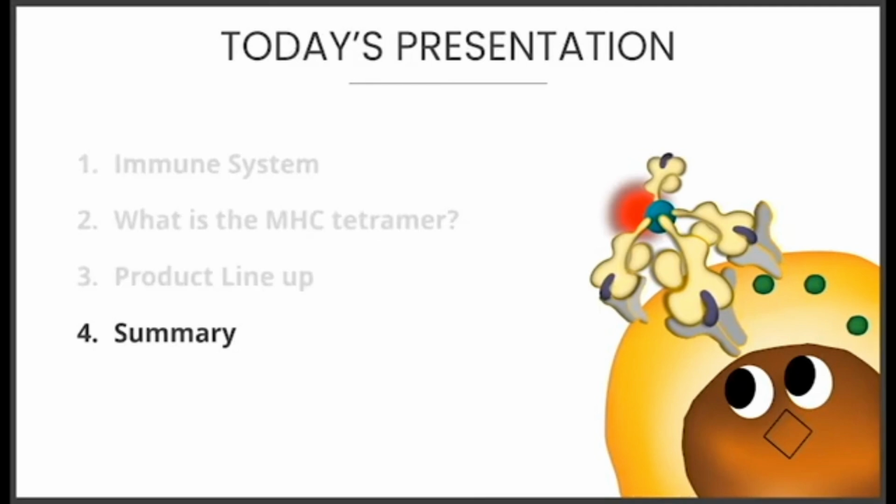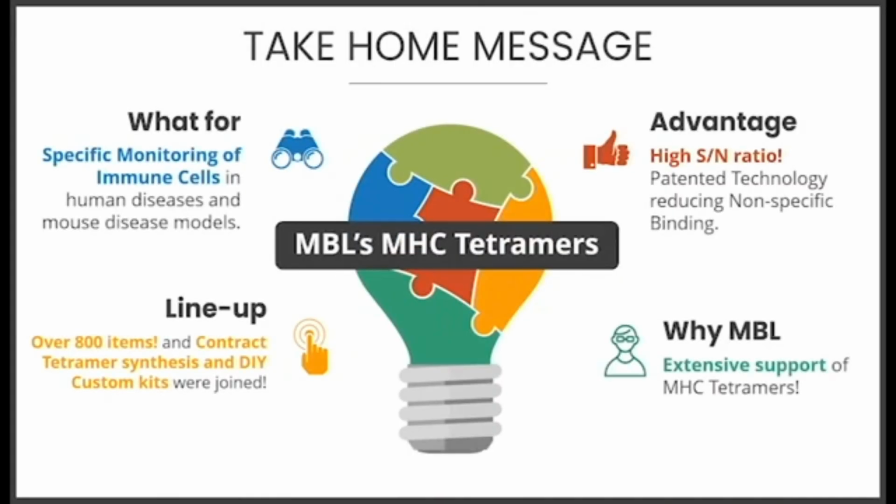This brings us to the end of our presentation, and in conclusion, we would like to show you the take-home message again. MHC tetramers are a useful tool for monitoring immune cell activity in various human and mouse diseases.